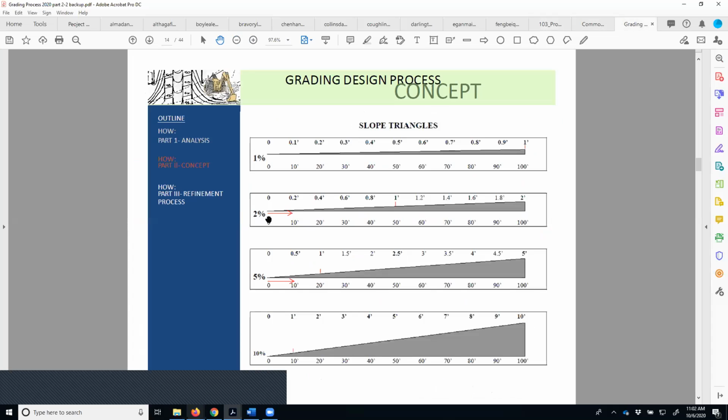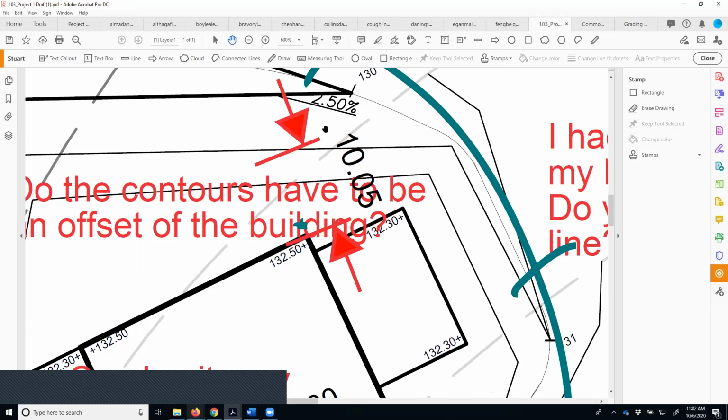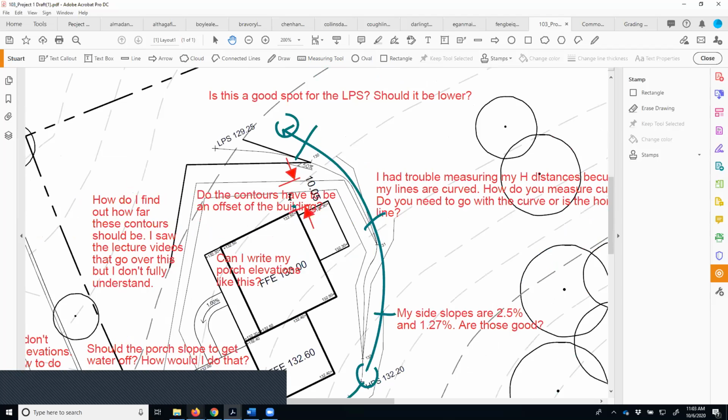If I wanted to go down at a 2% slope, then I would go down 0.2. So figuring out what those spot elevations would need to be there as a guide is really the first step for figuring out how far away the contours need to be from the building.